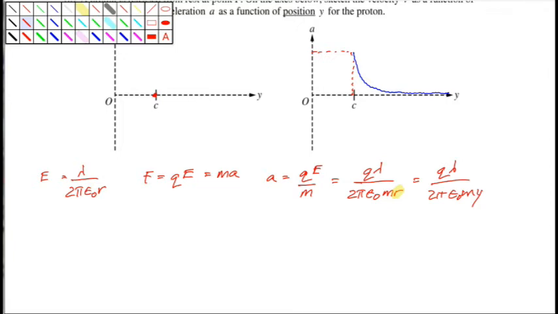So we start out with a steep rate of change, and it gets lower and lower, but because acceleration never actually goes to zero, this value just keeps on increasing as it moves away. It just increases at a much slower rate. So those are the two sketches for acceleration and velocity based on position.